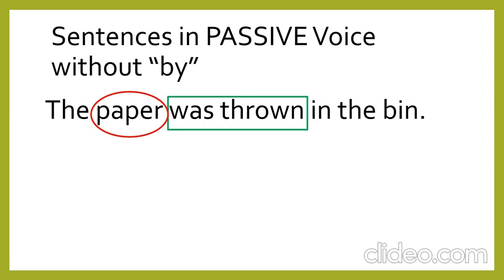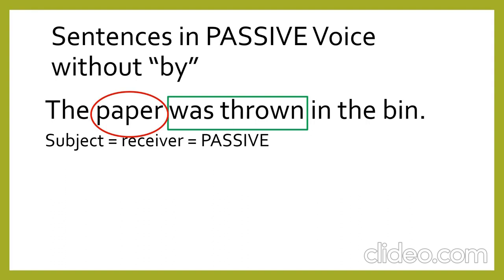Is the paper the one to be thrown, or will the paper throw? So the answer is that the paper is the one that will be thrown. In short, the paper is the receiver of the action. Paper is not the one doing the action or performing the action of throwing. So if the subject is the receiver, then it is in passive voice of the verb.